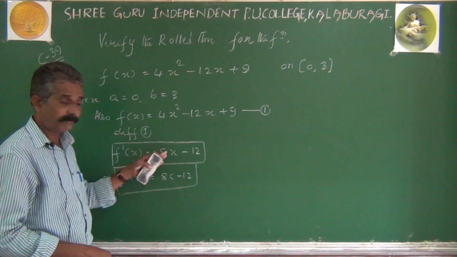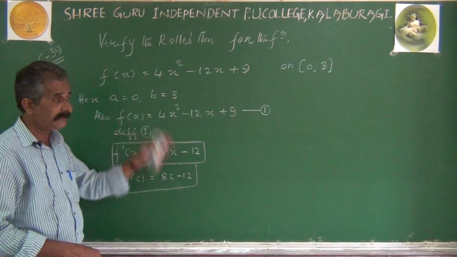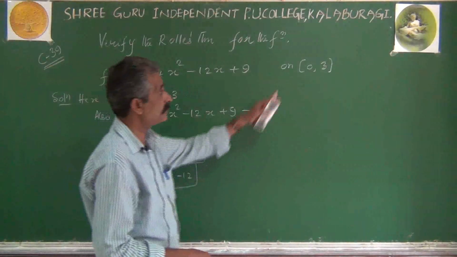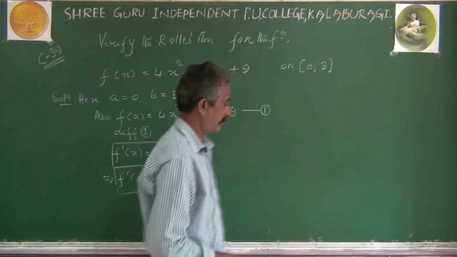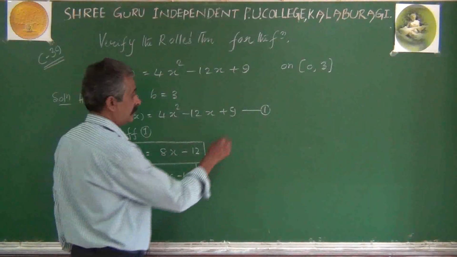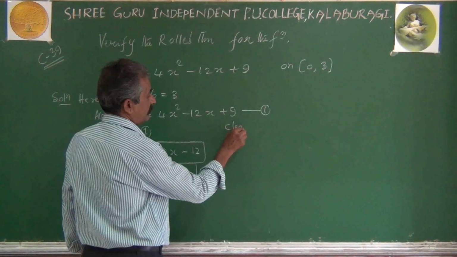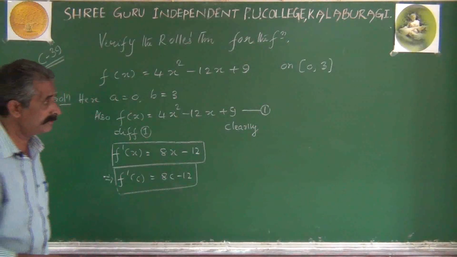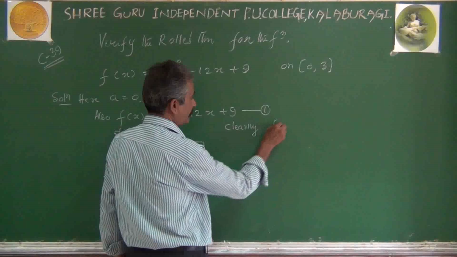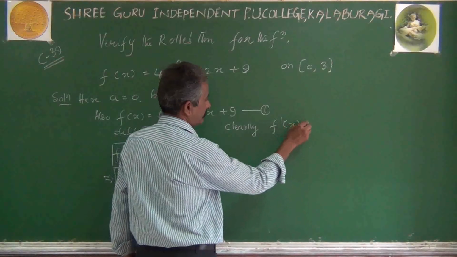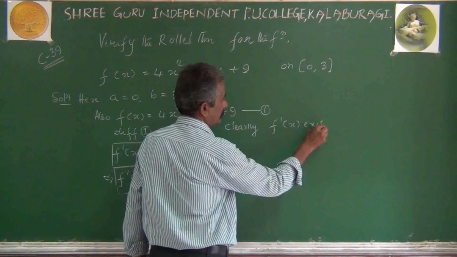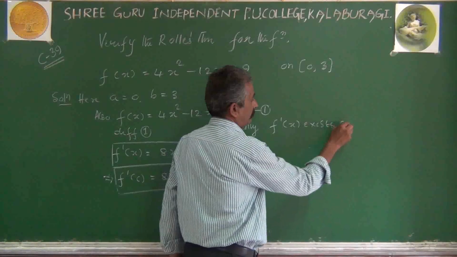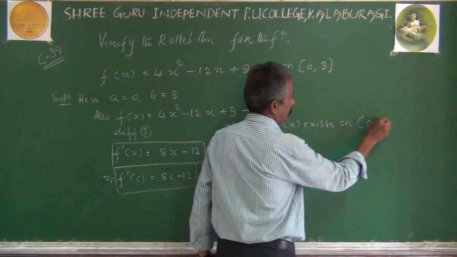Definitely this value exists as a real number on this interval for any value of x. That we have to write. Clearly, f dash of x exists on the interval 0, 3.